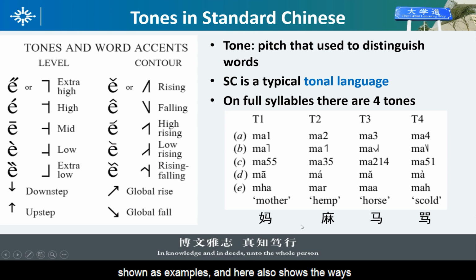Ma, ma, ma, ma, shown as examples. And here also shows the different ways to represent the difference of the 4 tones. Ma 1, ma 2, ma 3, ma 4. Or you can use the value of the pitch, 55, 35, 214, 51, and others.